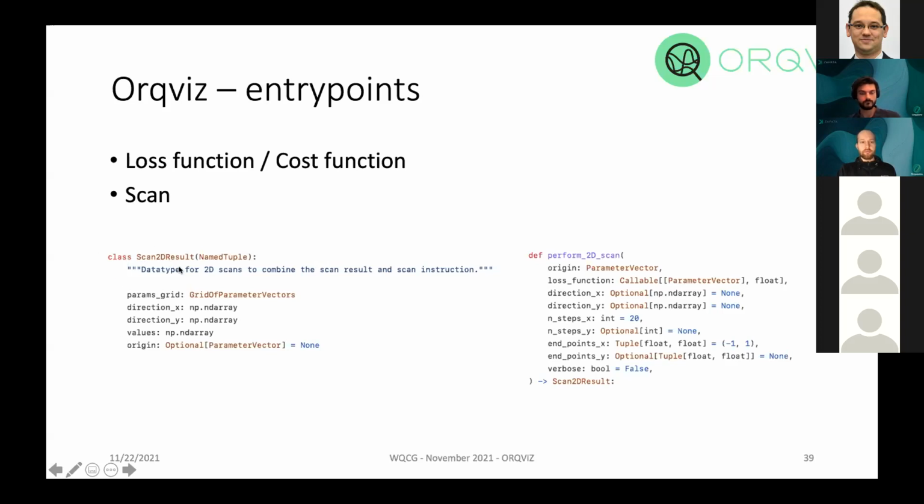This scan 2D result is just a data structure which contains this information: the parameters, the directions in which this manifold or the slice is, the values for the parameters, and also the origin point of this scan. And we have the function perform 2D scan, which takes a lot of different things, but it requires only origin and the loss function. And I will show you how it looks right now.